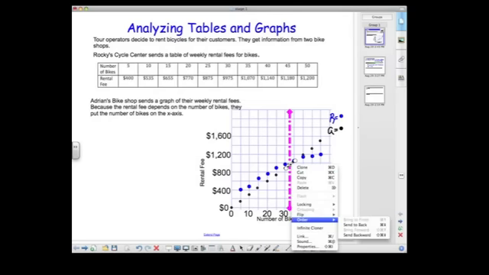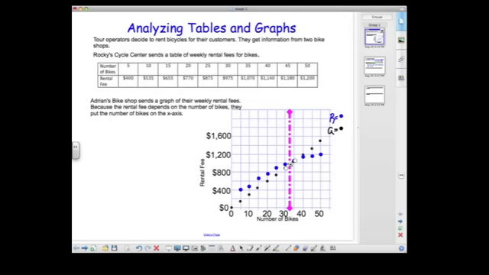So obviously the data points from Rocky's data and the data points from Adrian's data. And what we're going to do is where the line that is connecting our two data points intersects our guideline at 32, that's going to be kind of a makeshift coordinate point that we can work with.